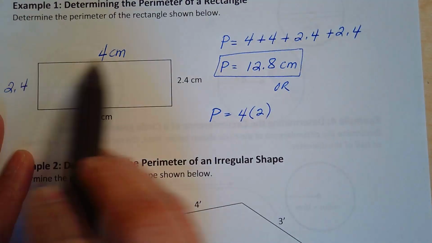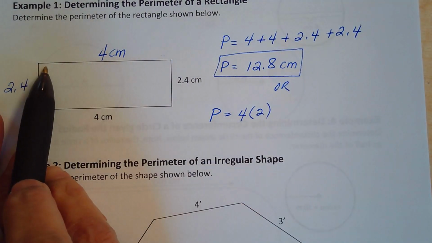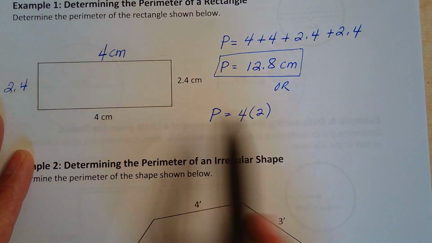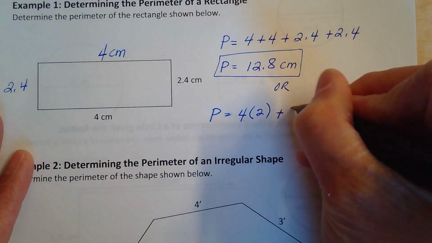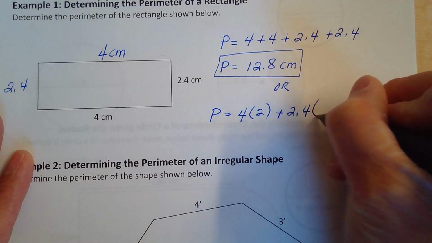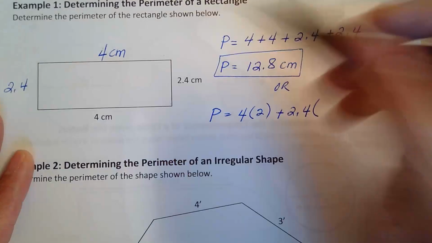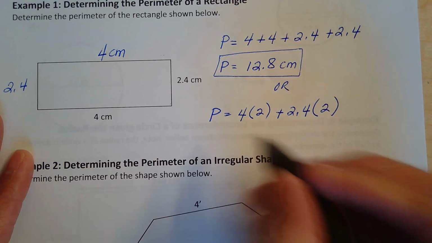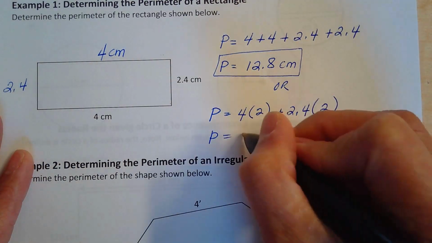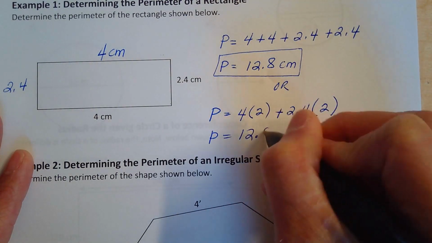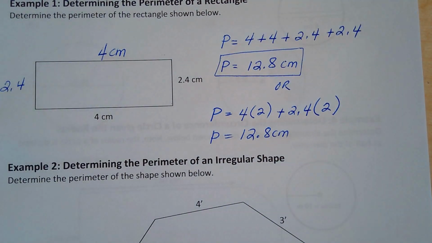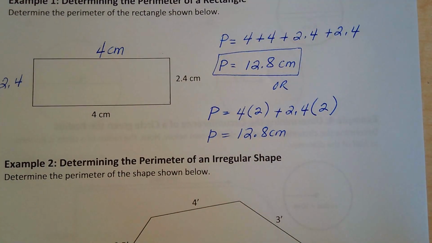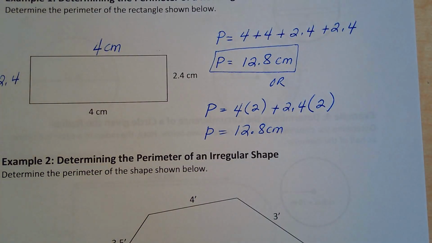There's 4 centimeters, and there's 2 of them, so 4 times 2. And then 2.4. How many 2.4s? 2. And that would still give us 12.8 centimeters. And at the beginning of the semester, we talked about order of operations, right?